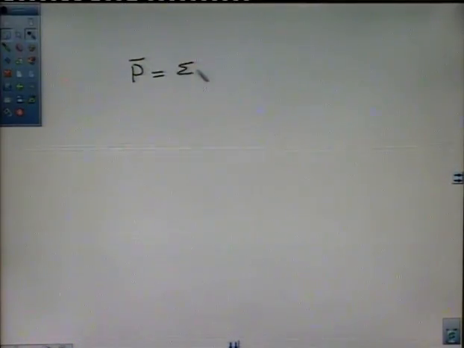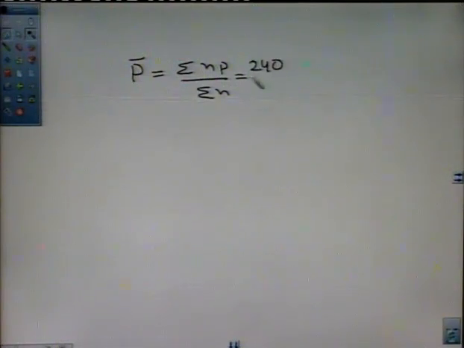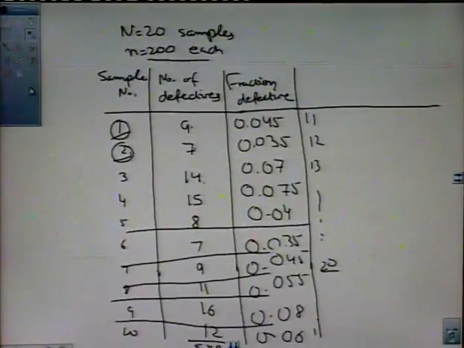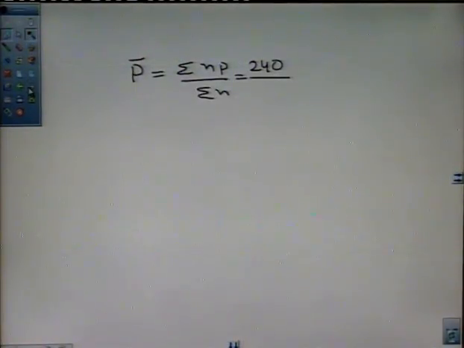So it will be sigma NP divided by sigma N. Now sigma NP is 240 and sigma N will be calculated from the total number of samples. The first sample size was 200, second sample size was 200, so total number of 20 samples were there. So it means that the sample size is 200 multiplied by 20. So it comes out to be 0.06.